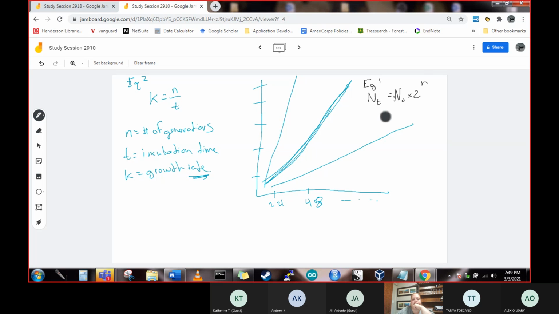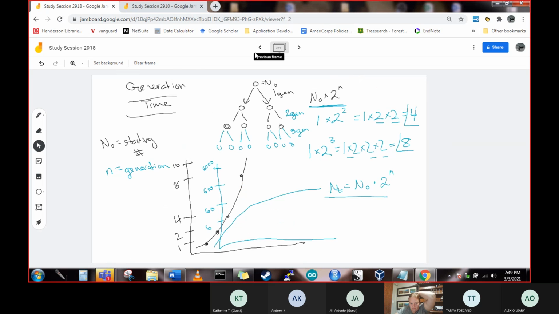What they were talking about is solving for K or t given Nt or N0, your starting number, or, what did we say Nt was?